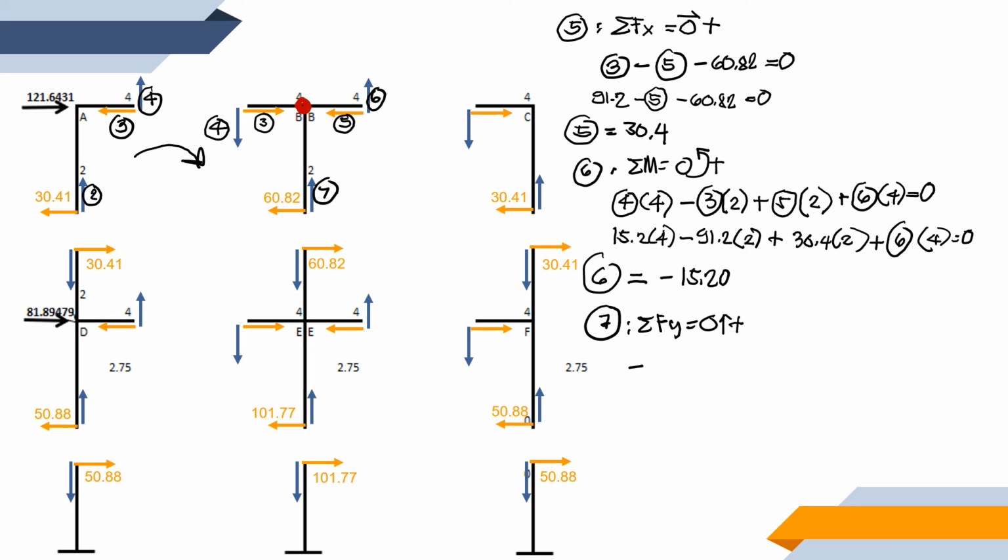So let us consider all the forces that are acting along the vertical axis. We have negative force 4, which is equal to -15.2, plus our force number 6, which is equal to -15.2, plus force 7, which is what we are trying to solve.